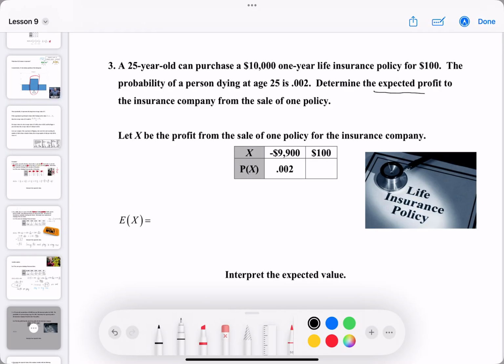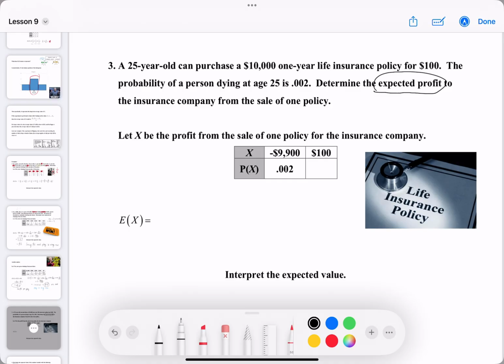If you see "expected" something, that means we're looking for the expected value. I'm going to list the random variables on the first row and its probability in the second row, and then we can find the expected value.